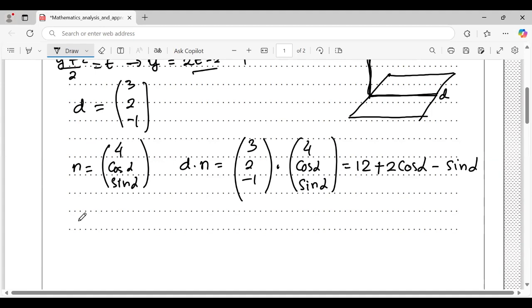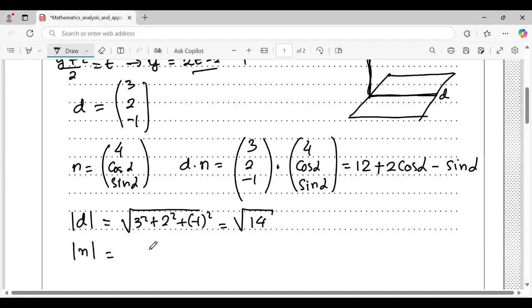And then the magnitude or modulus of d is the square root of 3 squared plus 2 squared plus minus 1 squared, which is square root 14, because 9 plus 4 plus 1.